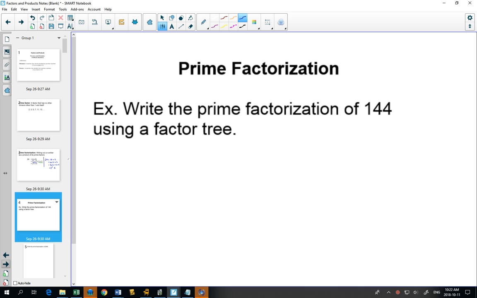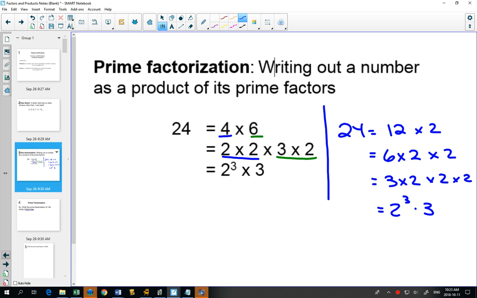Here's a bigger number, 144. And I'm going to introduce to you a factor tree. Now the factor tree does the same thing as the method we did before. I sometimes find, though, that in the method we did before, when students say, oh, 12 is 6 times 2, they forget to write the times 2 that they had before.